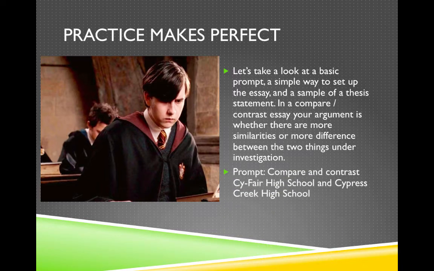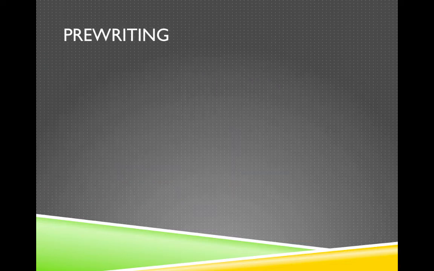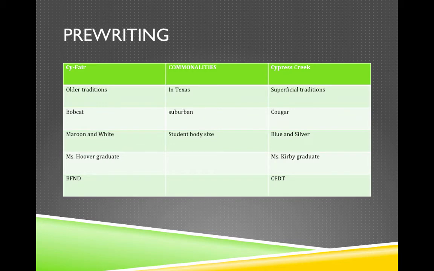So let's take a look at a very simple one that's close to home. Compare and contrast Cy-Fair High School and Cypress Creek High School. Let's set up a Venn diagram for your pre-writing. We've got a list of Cy-Fair attributes: older traditions, the Bobcats, maroon and white. Miss Hoover graduated from there aeons ago, and of course BFND.